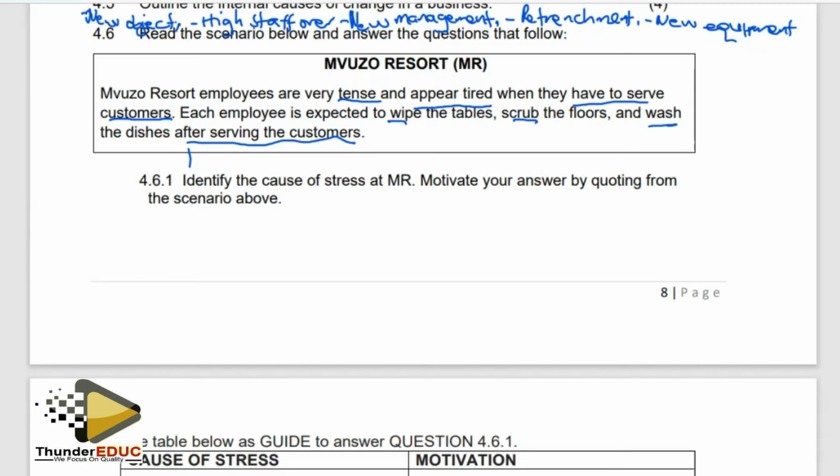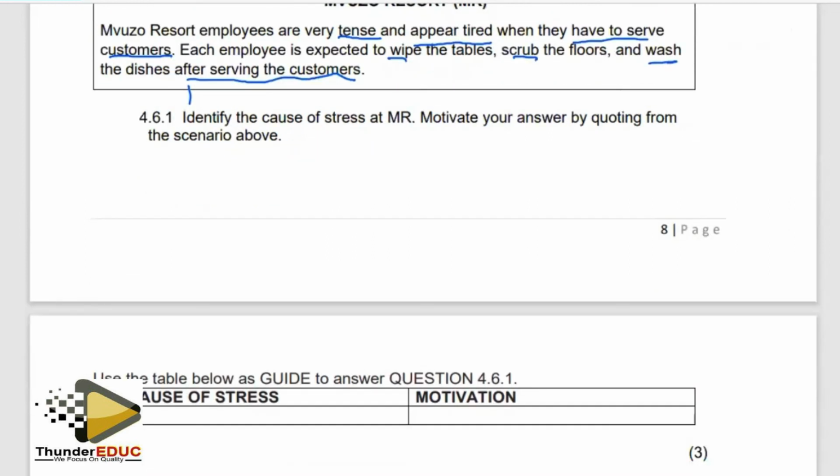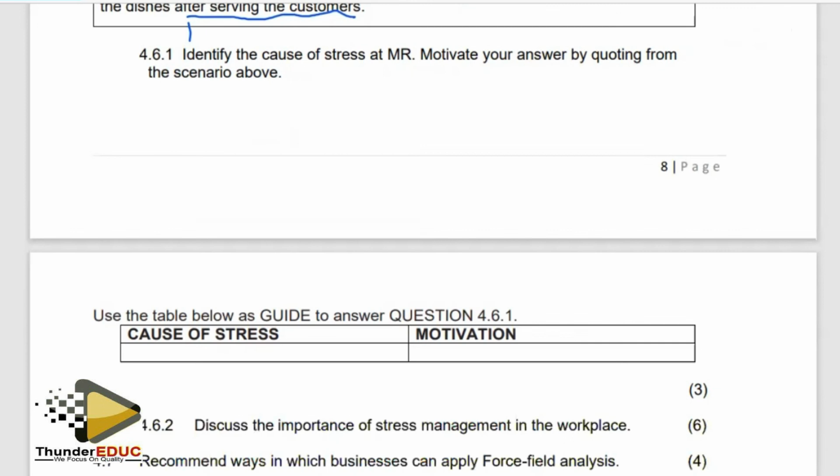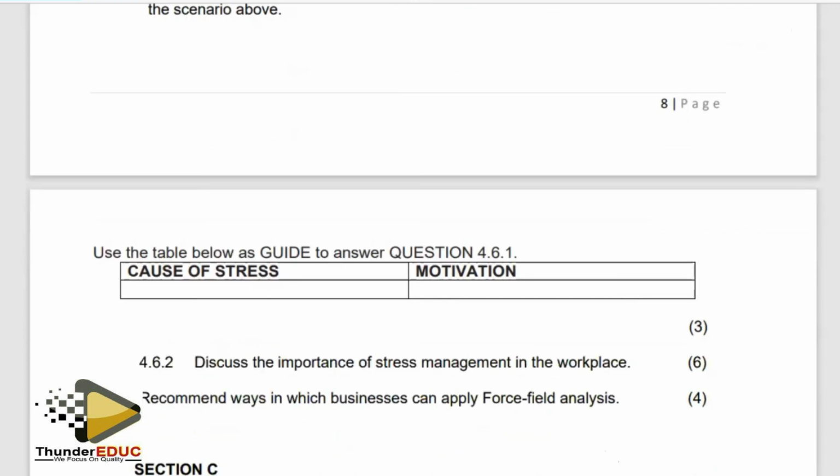Yes, obviously the cause of stress which we have seen is heavy workload. These people are working too much. They have a lot of workload, or if you said unrealistic target, you would get a mark.